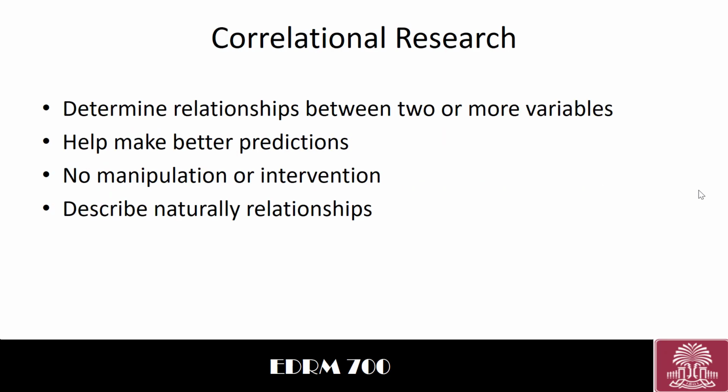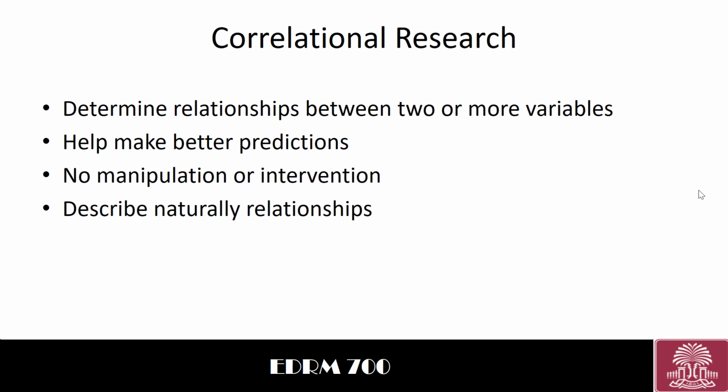Correlational research determines the relationship between two or more variables. It could help make better predictions. No manipulation or intervention is involved, so it describes naturally existing relationships. For instance, a teacher wants to know what factors can help predict children's math achievement levels.